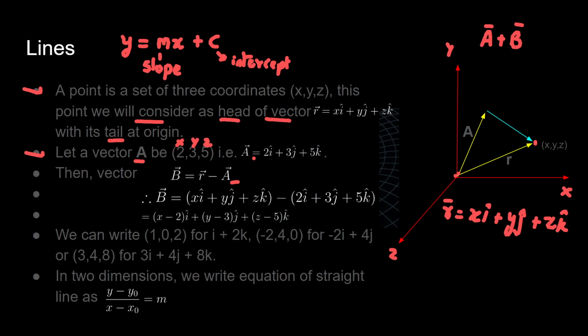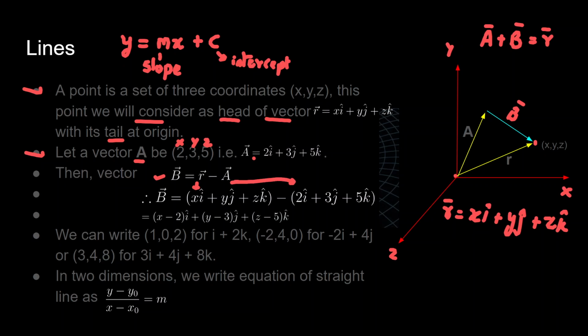Now if you see, the tail of the vector b is sitting on the head of the vector a. So if I draw any vector, that will give me the addition of these two vectors. So if I rearrange this, I will get this equation. So this is r, that is this vector, and this is the a vector.